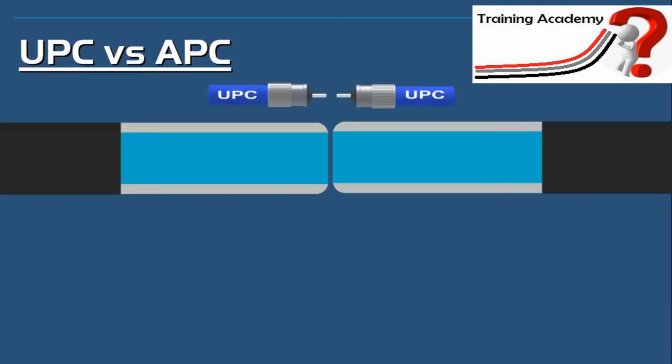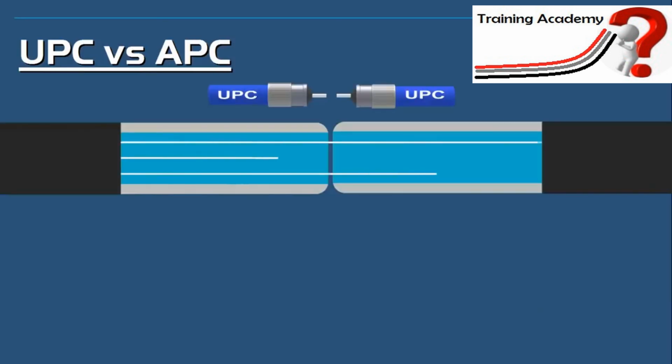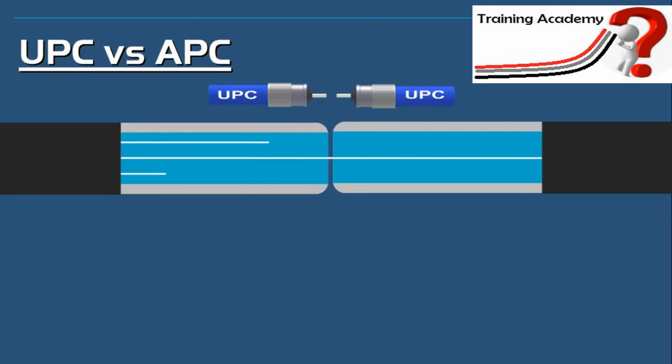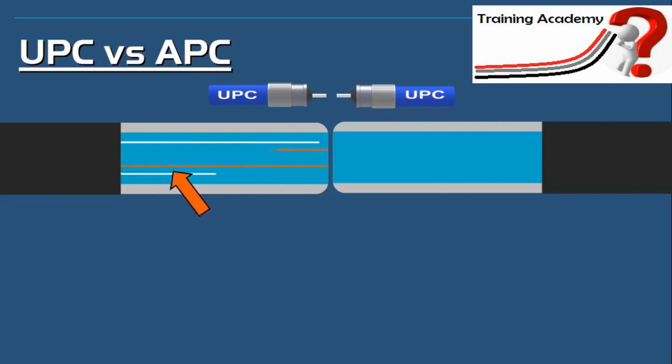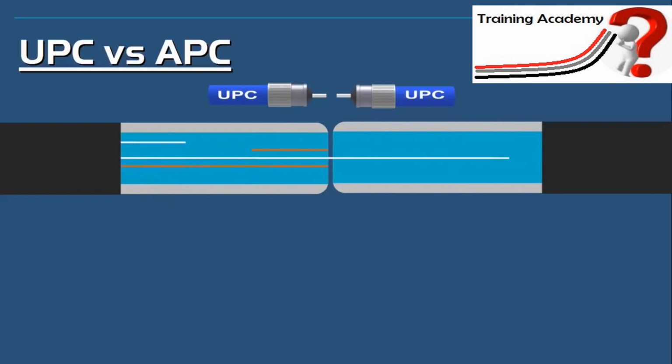At the point where the two fibers connect, light is transmitted from one to the other. Sometimes there can be imperfect ends. If the ends are imperfect, some of the light can be reflected back towards the light source. There can be some signal loss. This is common in UPC connectors.